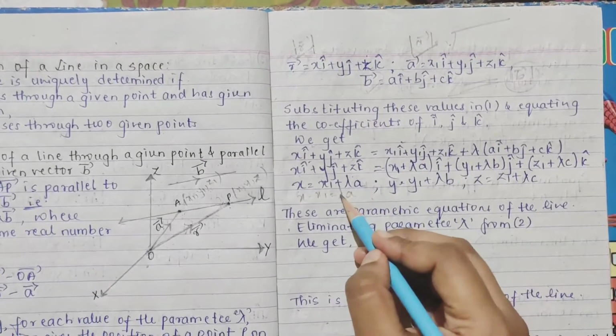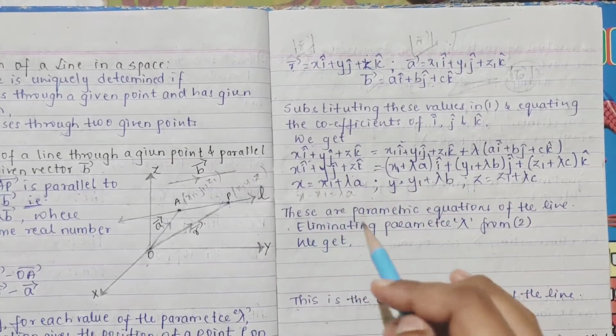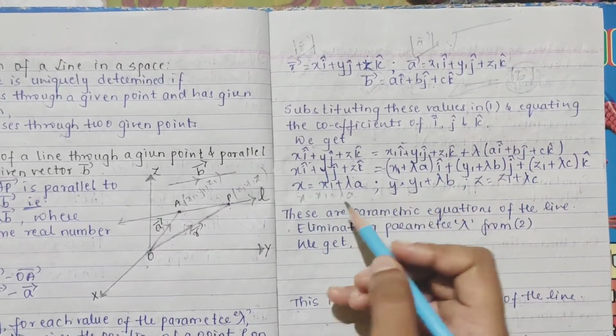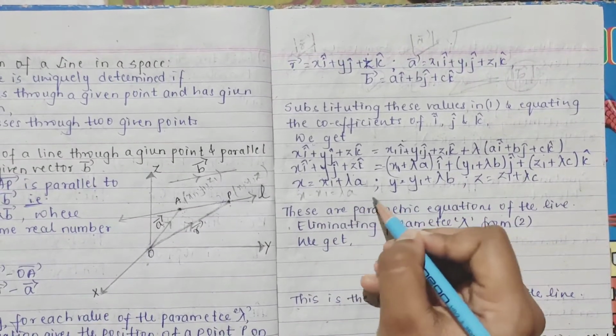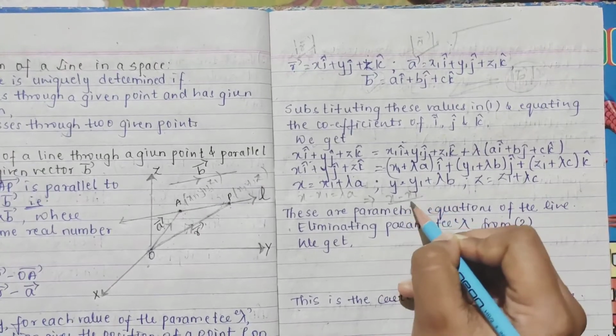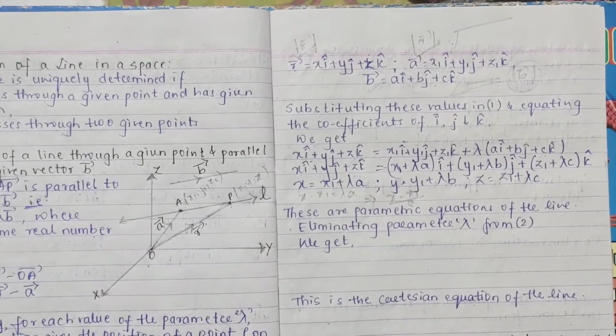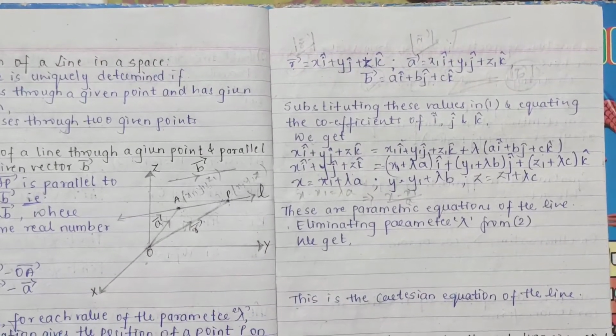But we are eliminating lambda, that means we skip it. So we divide by a, and we get x minus x1 divided by a.